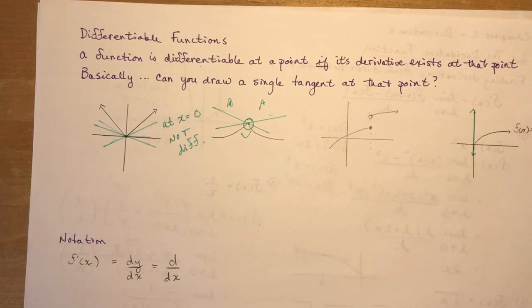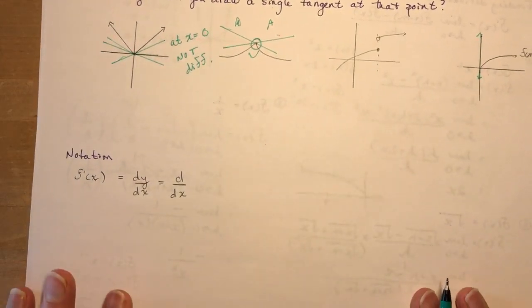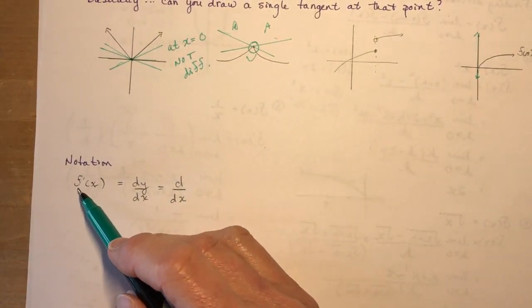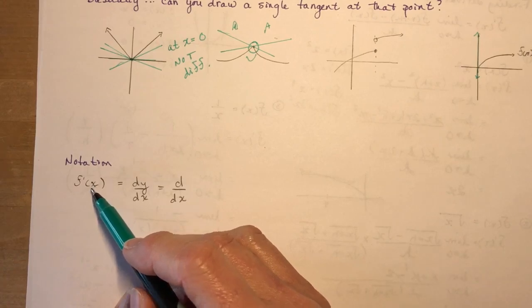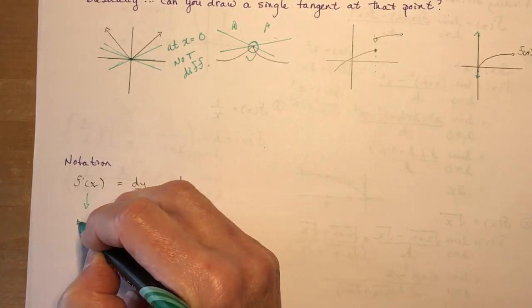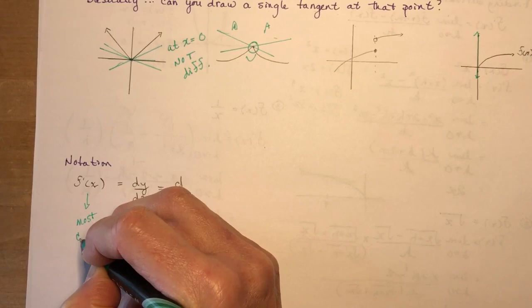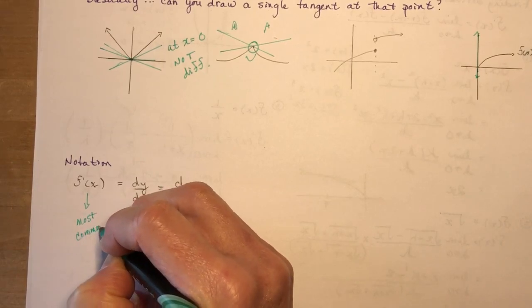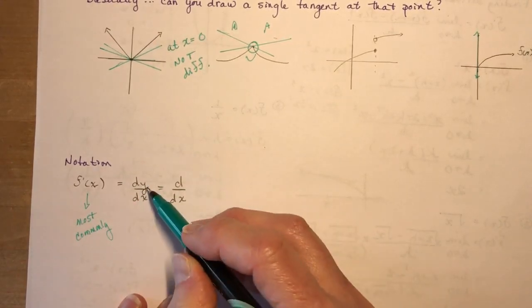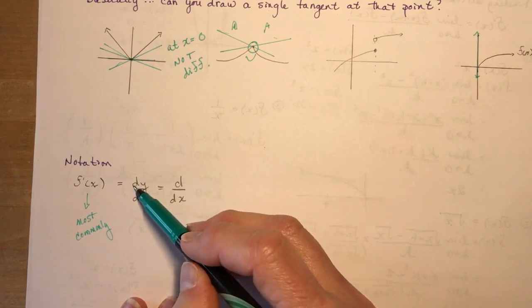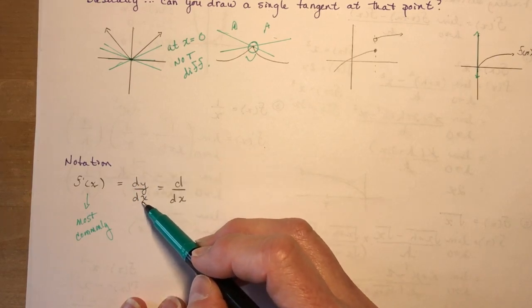Now, the final thing we're going to talk about is notation. We use the prime function, f prime of x. This is the most commonly used. And some textbooks, especially the older ones, write dy dx. That means the derivative of y with respect to x.